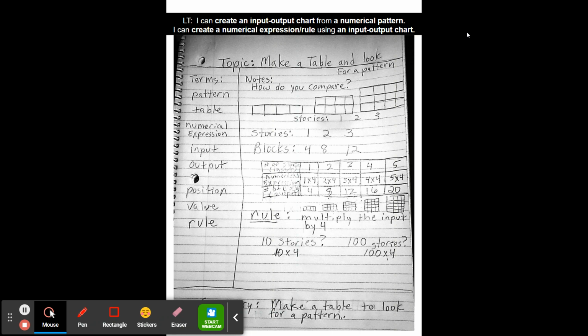And so I drew the towers, a one-story tower, a two-story tower, and a three-story tower. And then I also labeled the story and the blocks, like they did in the video. So you would want to write that down so that you have an example of what a problem with a pattern looks like that you can refer back to. Let's go ahead and move on to the second activity.